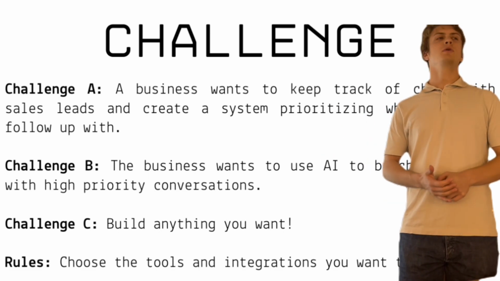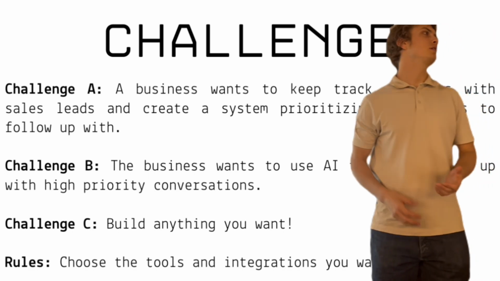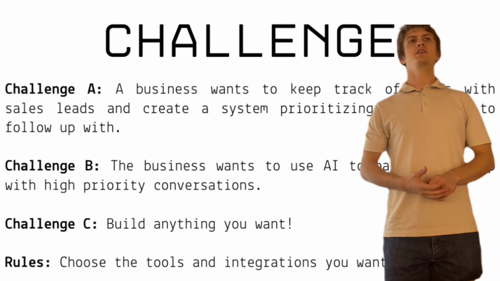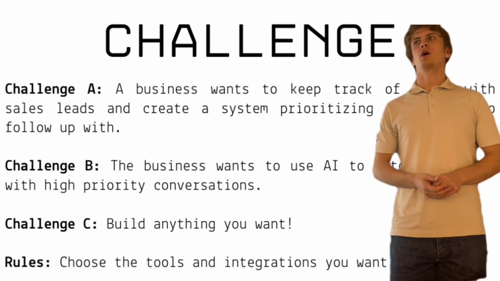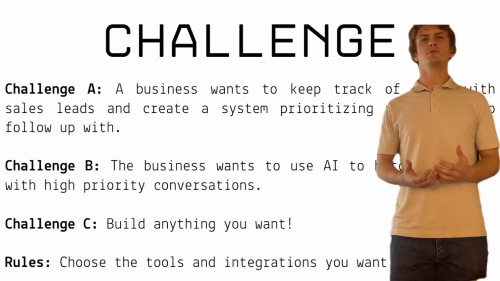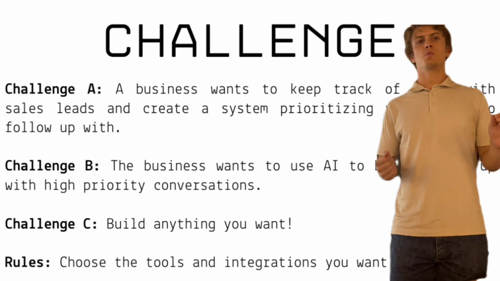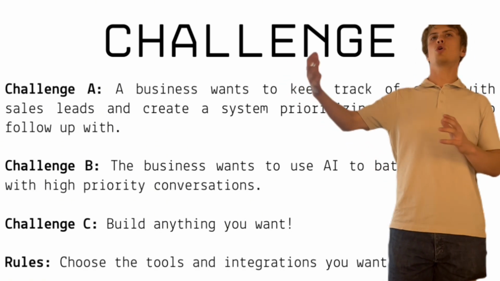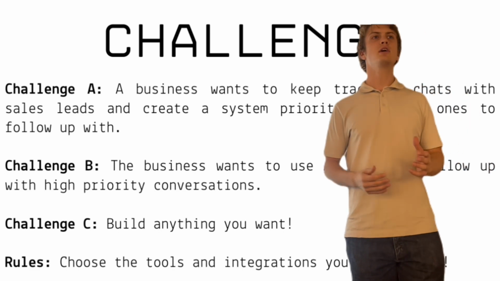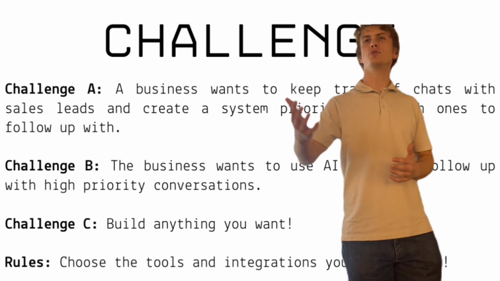Maybe it's a samosa chain, and people are contacting them about maybe new restaurants, and they have lots and lots of leads. Your goal is to come up with a system that helps them organize and categorize these leads, and use AI to prioritize which ones they need to get back to.